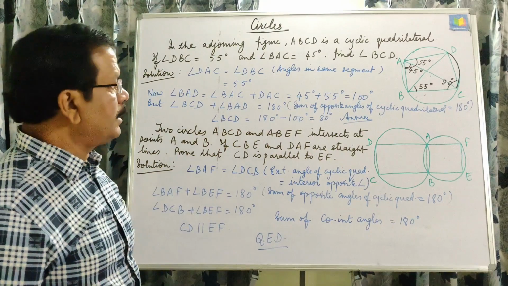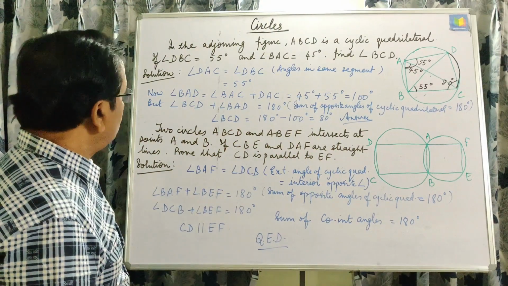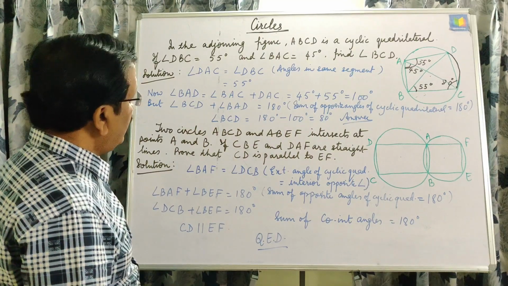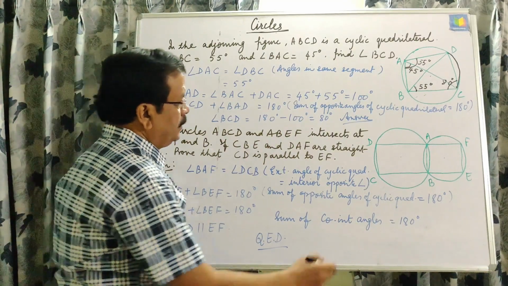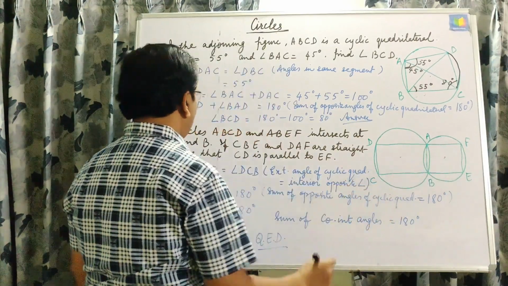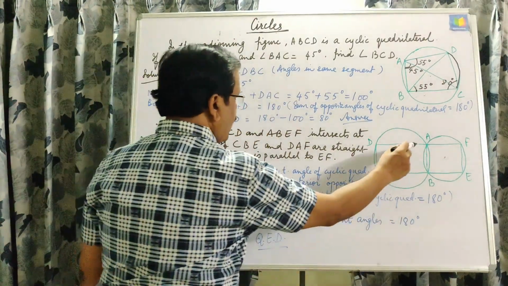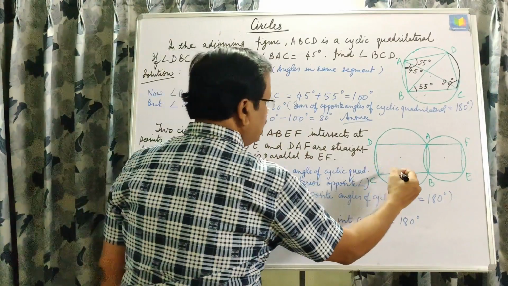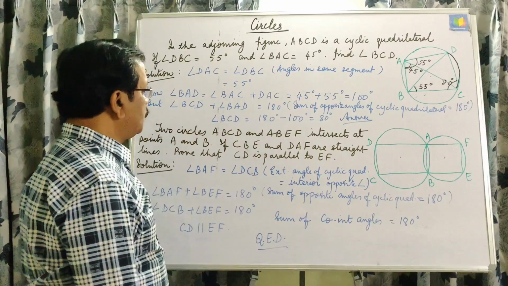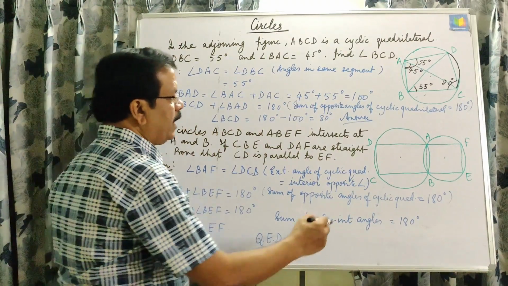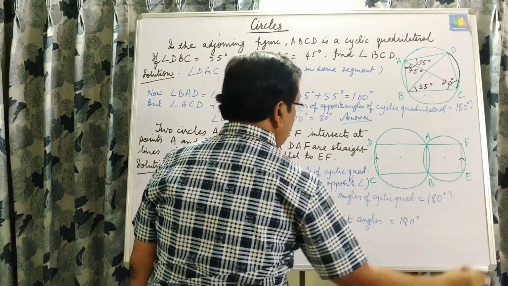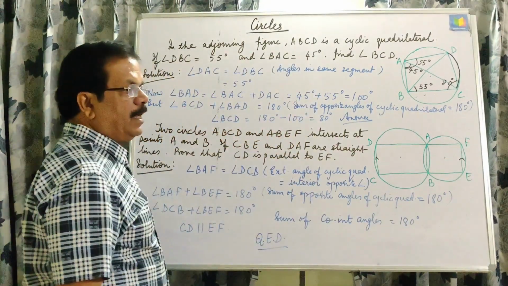Okay, now next question. Two circles ABCD and ABEF, these two circles with these centers, intersect at points A and B. If CBE and DAF are straight lines, prove that CD is parallel to EF. This we have to prove. How can this be parallel?